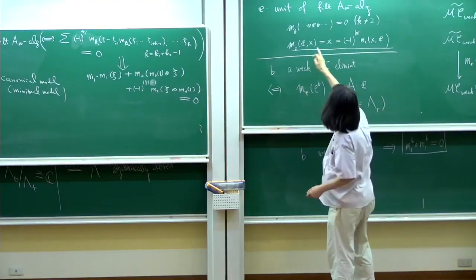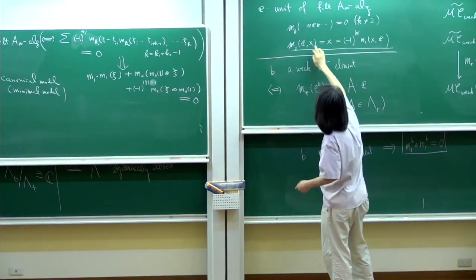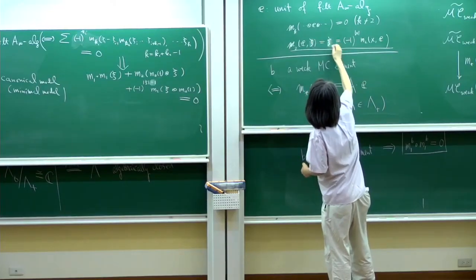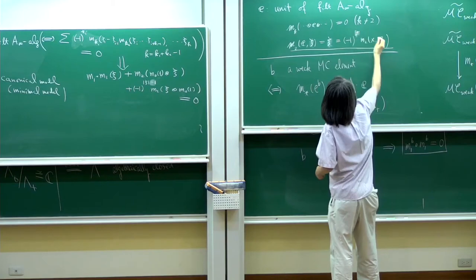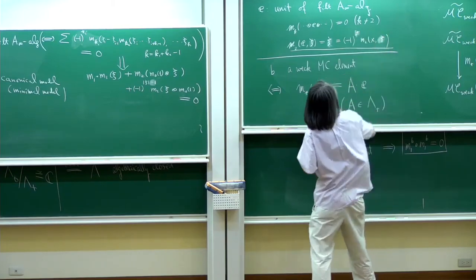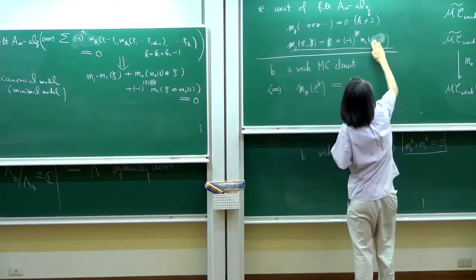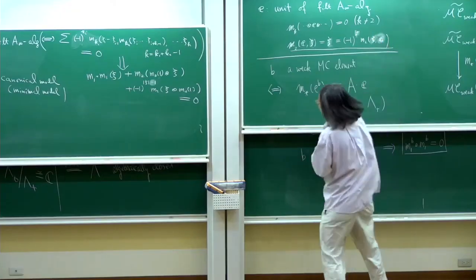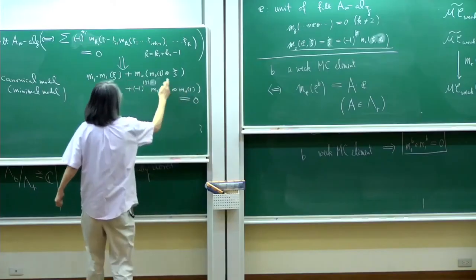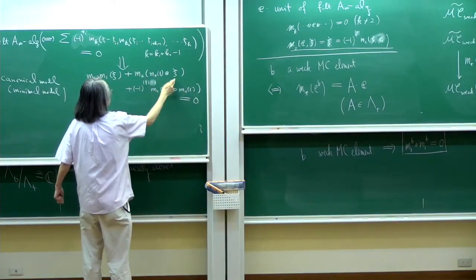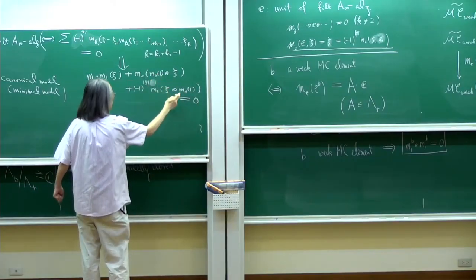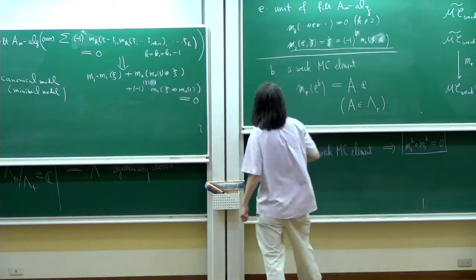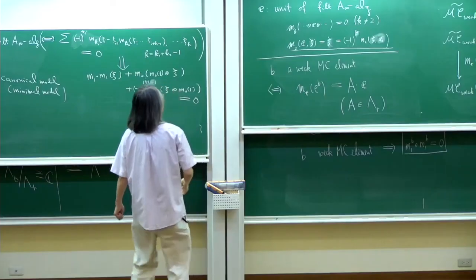Maybe here I wrote x, but maybe I just write xc here. If it is a unit, then this one is xc, and this one is minus 1 to the degree of xc times xc, right?